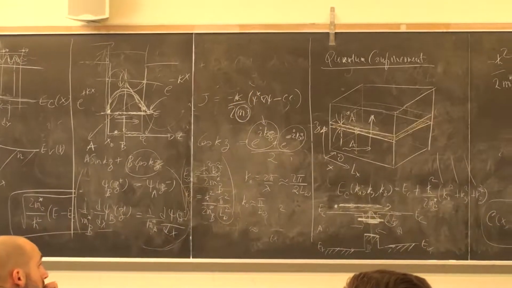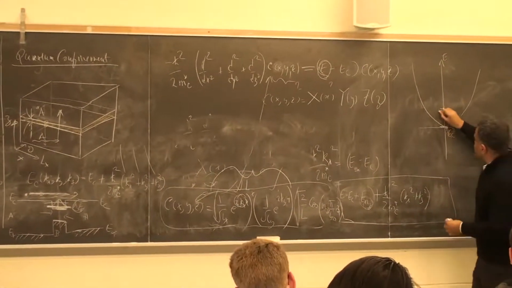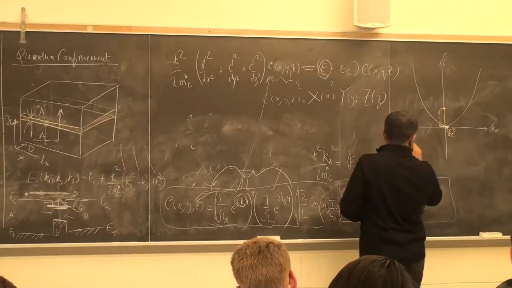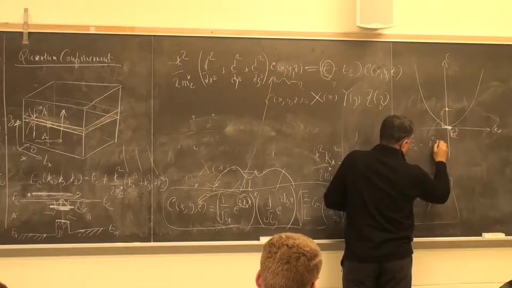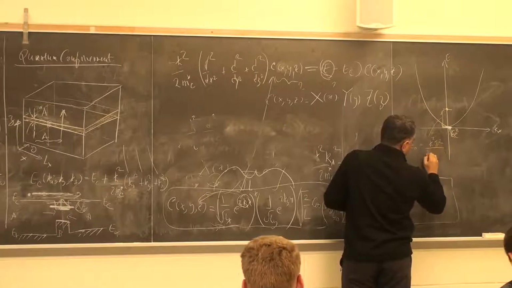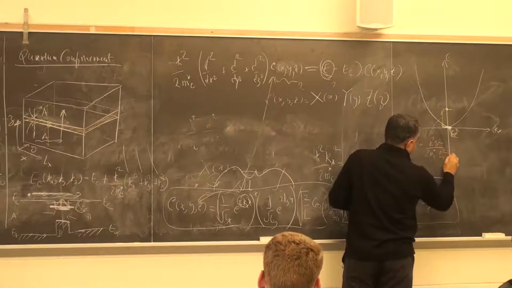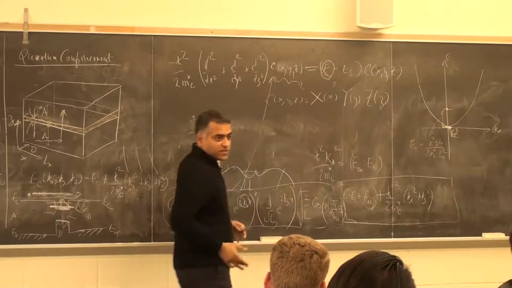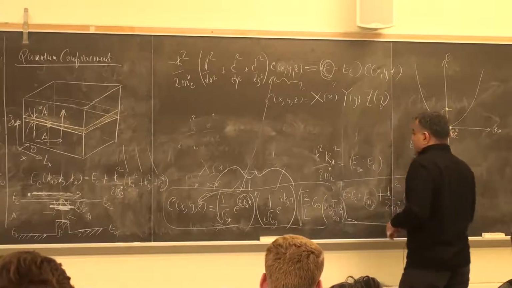So what we're trying to say is, if I go in and fix a certain thickness, the minimum energy allowed now is E0, which is h bar squared pi squared over 2 m star times the well width squared. So it's shifted up now. And then it can still move freely in the x and y direction.